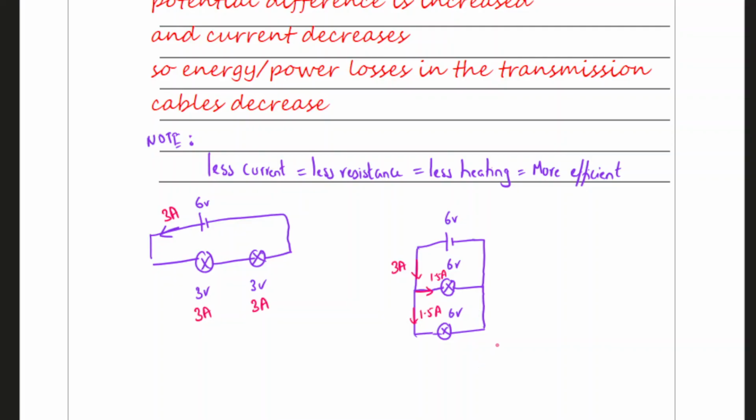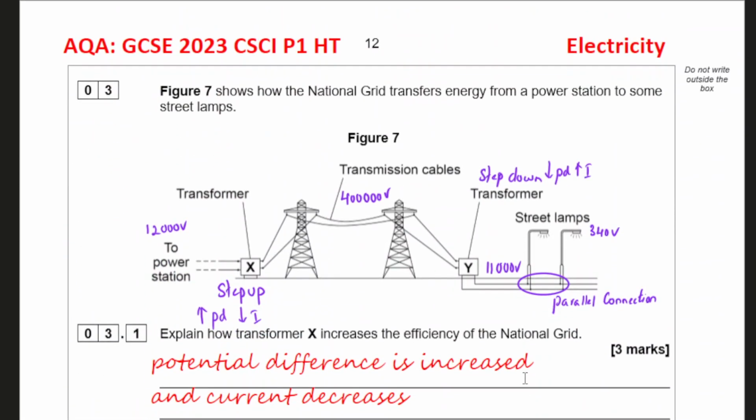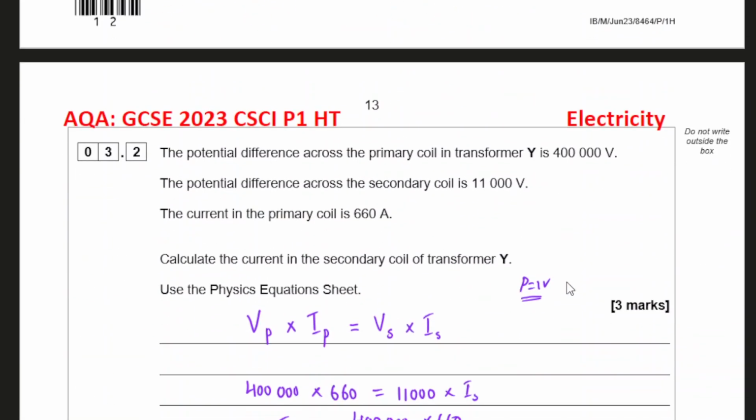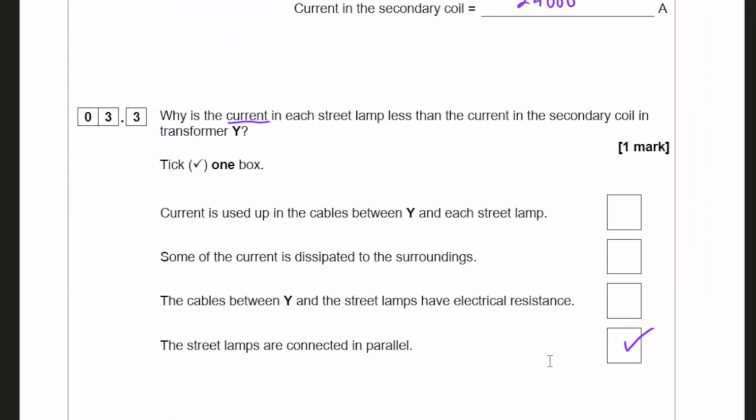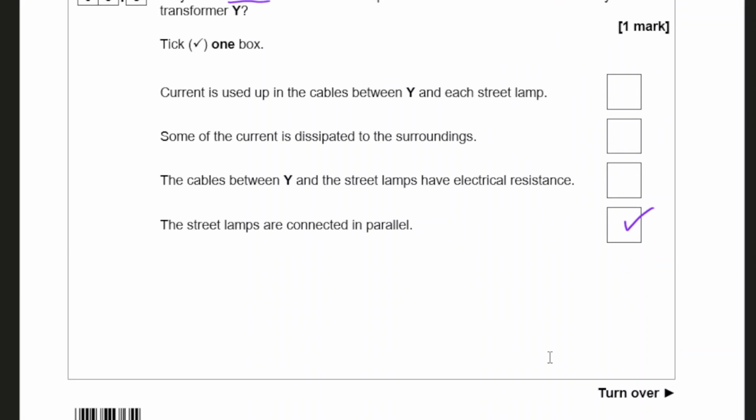So as you can imagine, in a street lamp scenario, we have lots of street lamps. They're connected in parallel. So this 11,000 volt, or sorry, the 24,000 amp should be split between all the street lamps, right? Hopefully that makes sense.